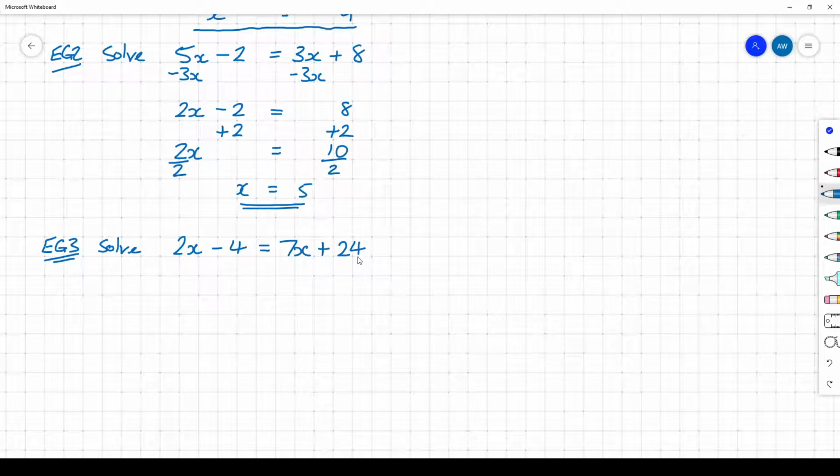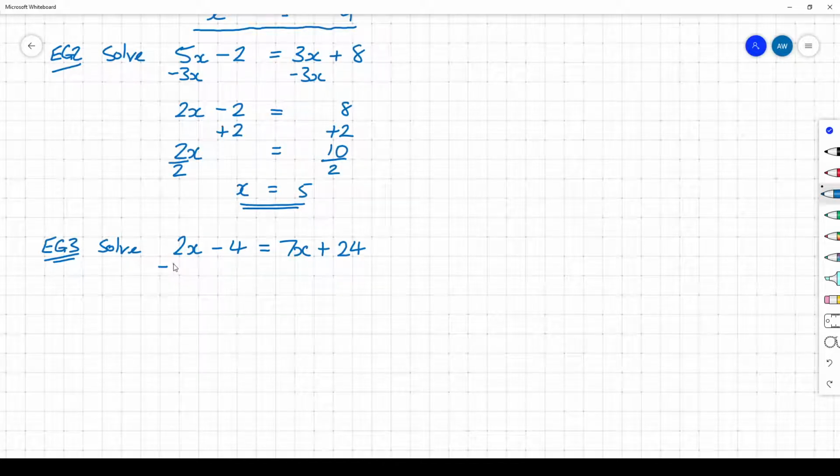So this is not going to give me a nice answer, and also this time I've got more x's on the right hand side rather than the left hand side. So I'm going to keep my x's on this side because that's where most of them are, and get rid of this 2x. So I'm going to get rid of the 2x first.